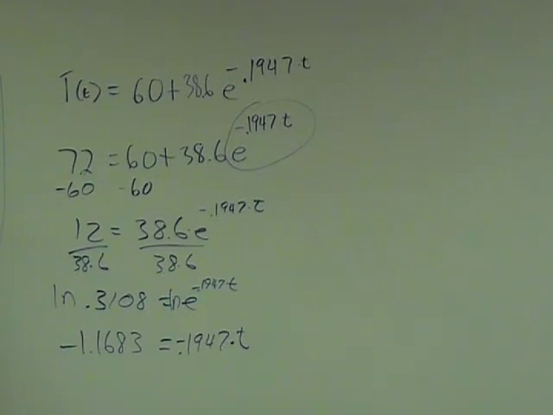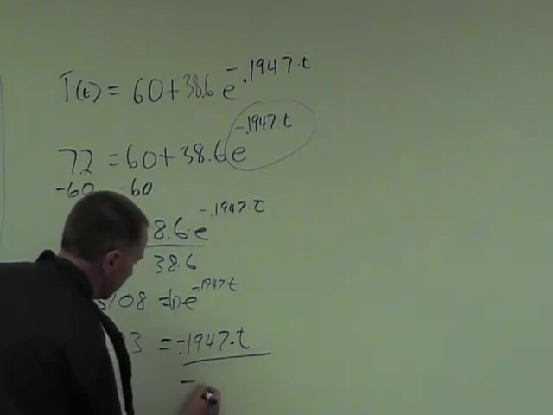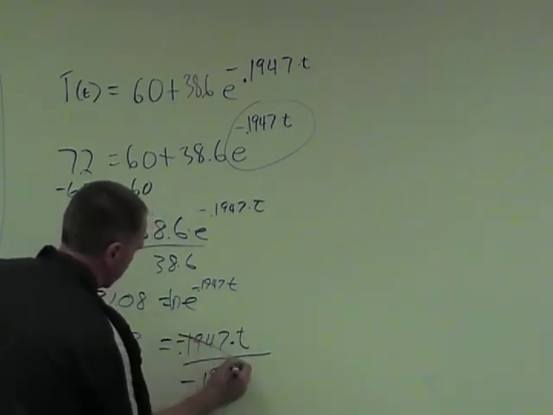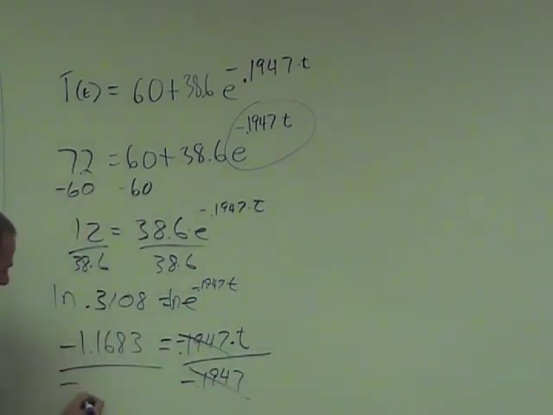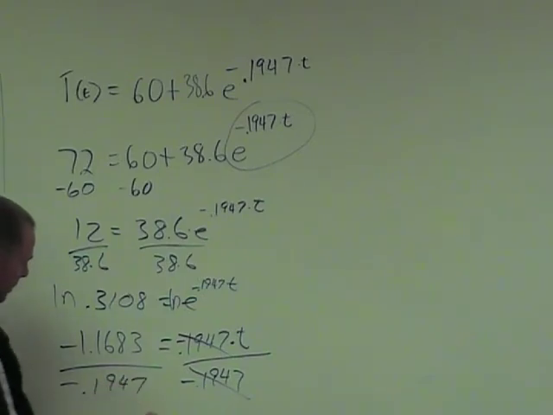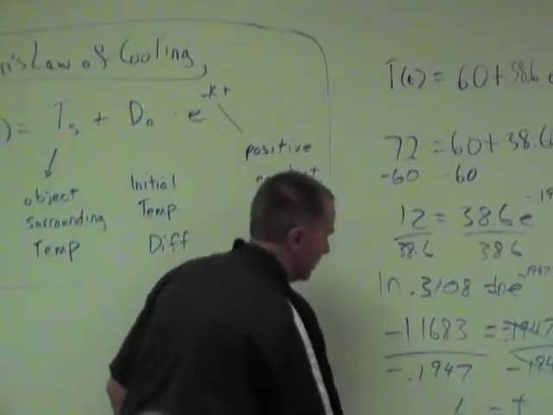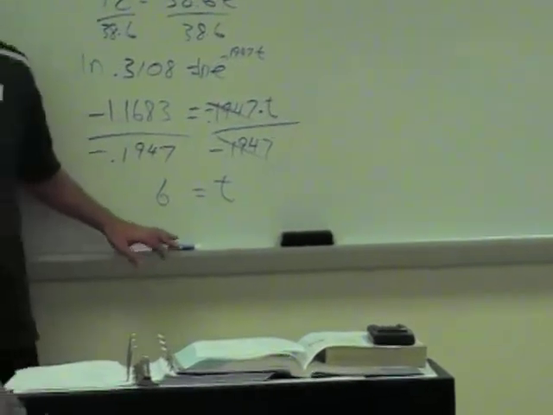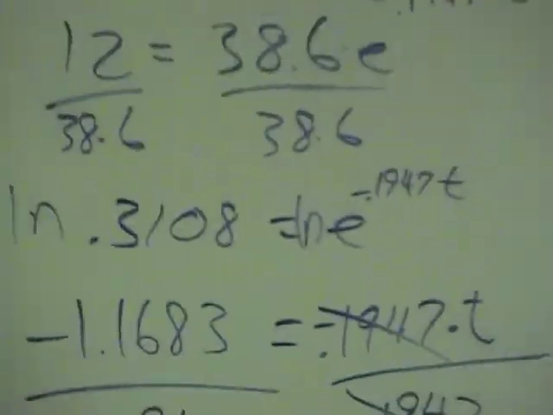Divide. How do I get t by itself? Divide by negative 0.1947, and a negative over a negative is going to give you a positive. The body's been dead for 6 hours, approximately.